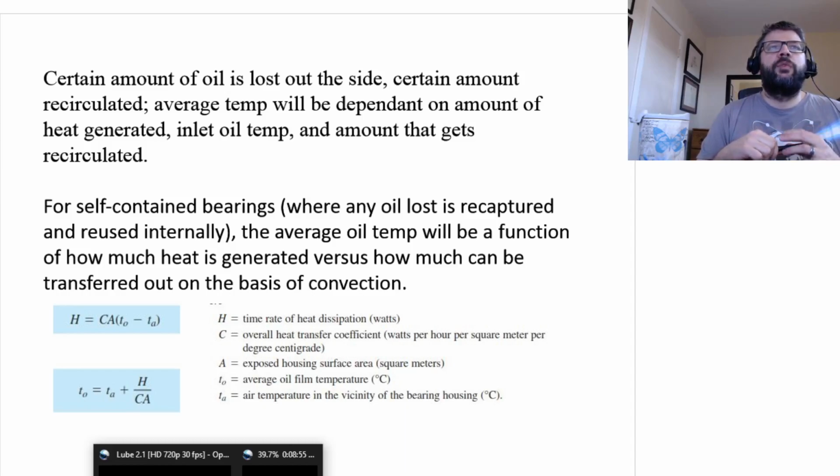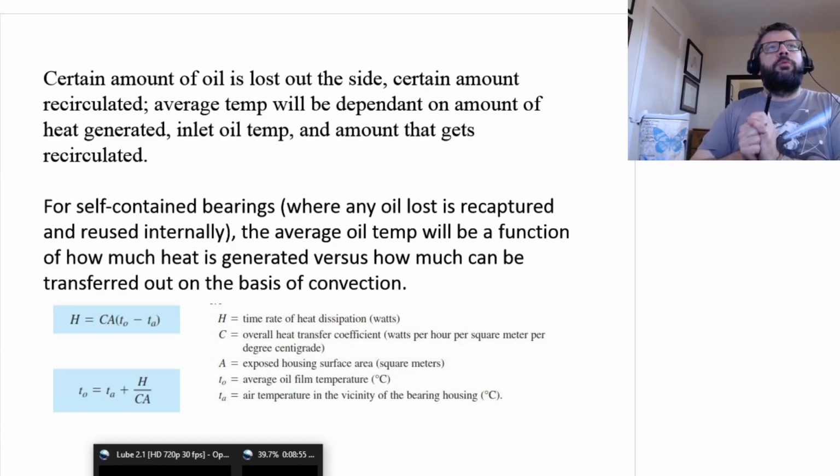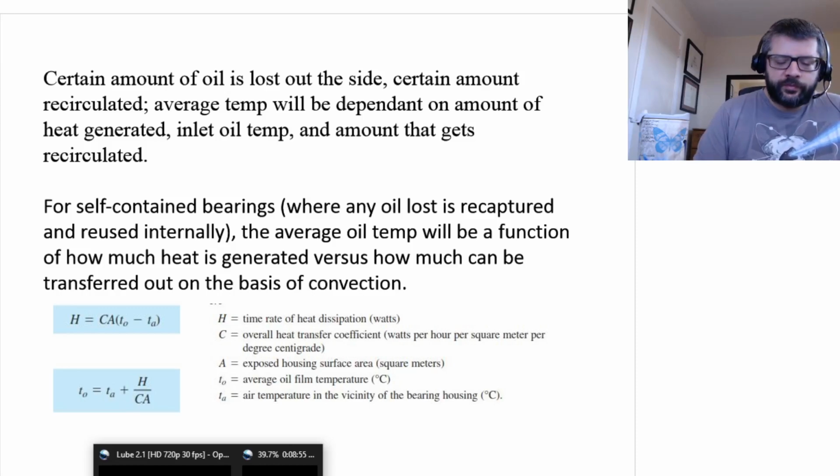So basically, you take the two oils that are coming in, the inlet and the recirculated stuff, find out what their temperature is once you're mixing, based upon what portion gets recirculated, and then figure out what the outlet temperature is based upon how much heat is generated. That'll allow you to get an estimate of what temperature you should be working at, and your viscosity.